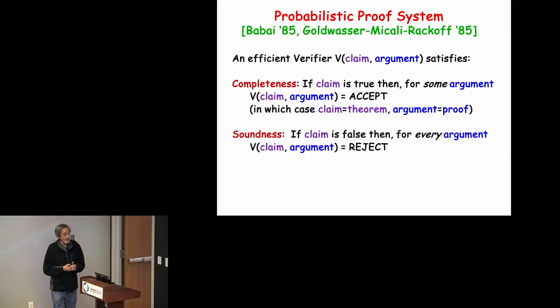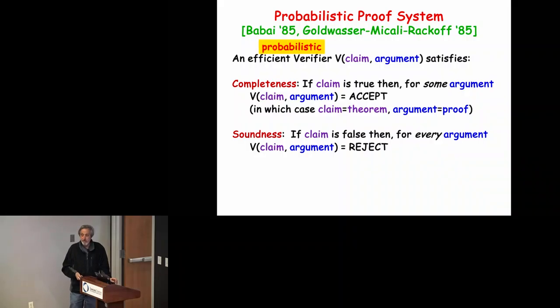These are coming from papers in '85, two independent papers, one motivated by cryptography, one motivated by group theory. We have our classical definition of a proof system, and we change it in the obvious way. We allow the verifier to be probabilistic, okay? And we allow errors. So we want these statements, completeness and soundness, to just hold with high probability, okay?